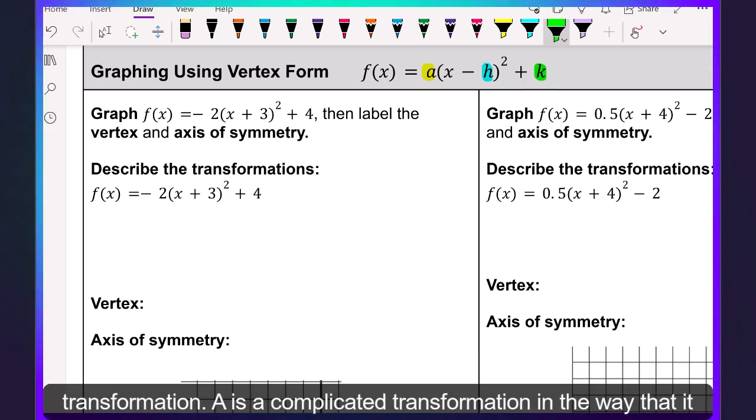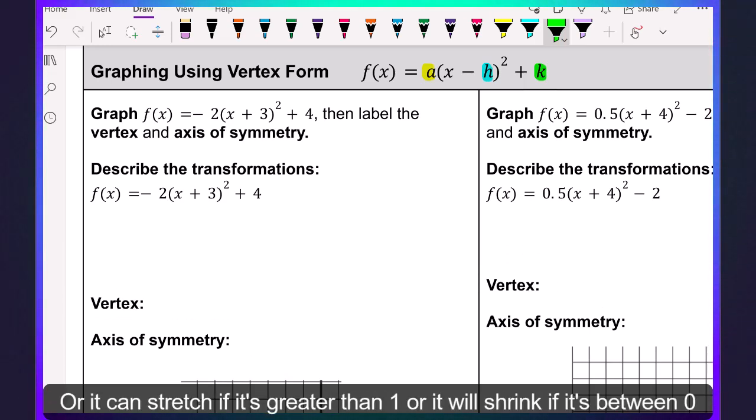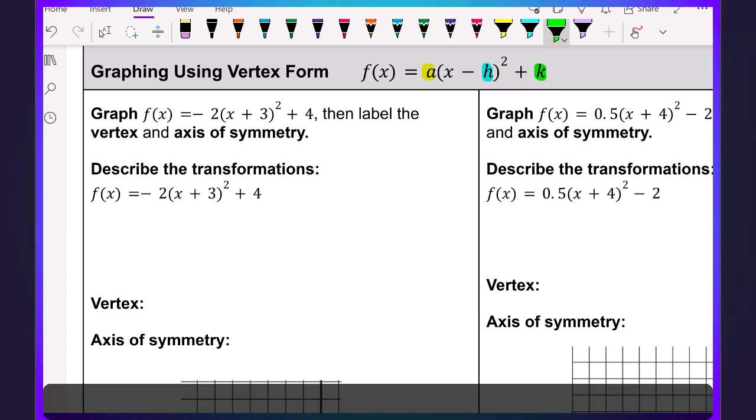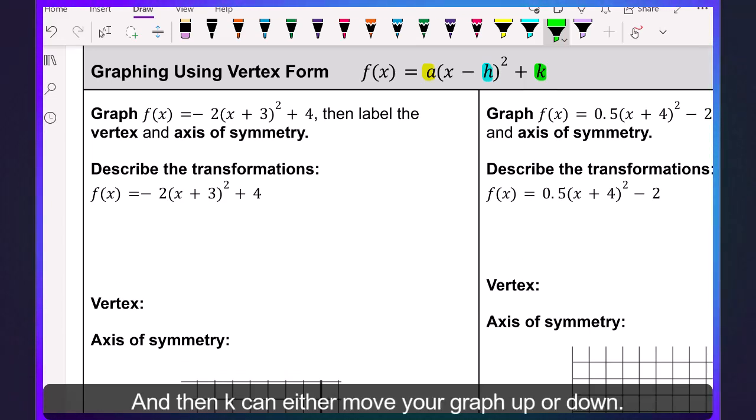A is a complicated transformation in the way that it can reflect if it's negative, or it can stretch if it's greater than 1, or it will shrink if it's between 0 and 1. H can either move the graph left or right, depending on what it is, and then K can either move your graph up or down.